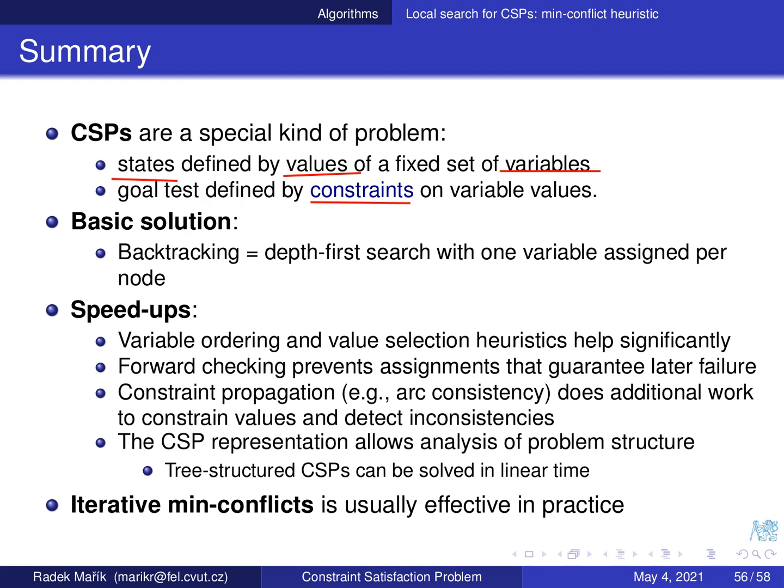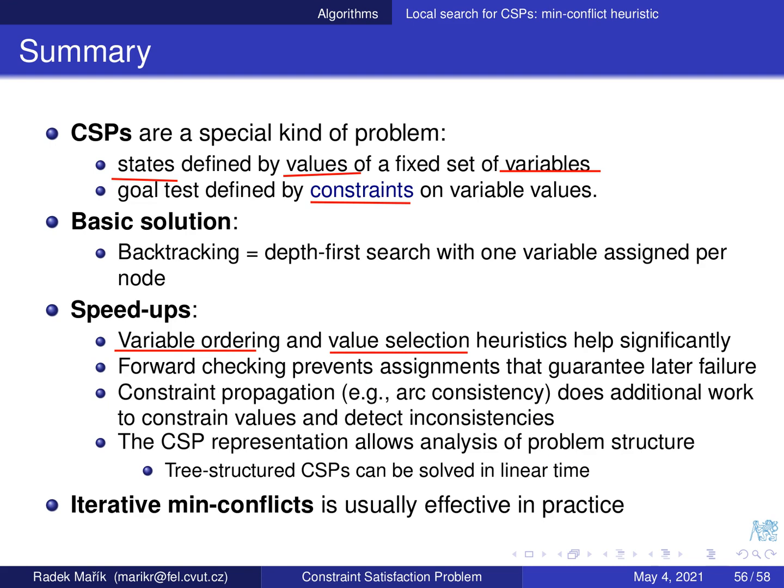The basic solution is just backtracking, when we perform depth-first search, and in every step we assign one variable in the node with a selected value. There might be some speedups based on the ordering of variables and the order in which values are selected.